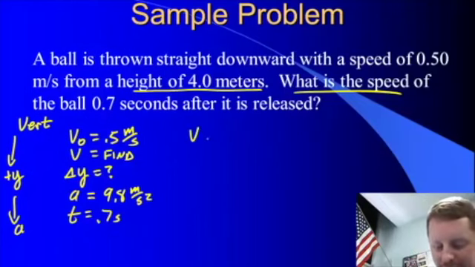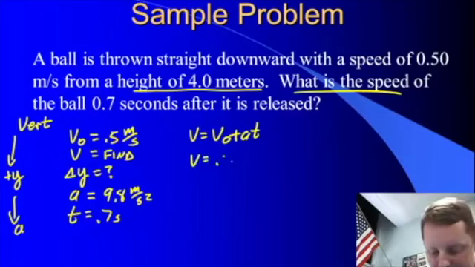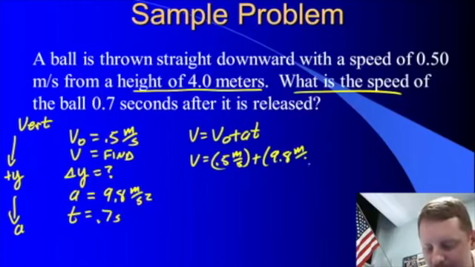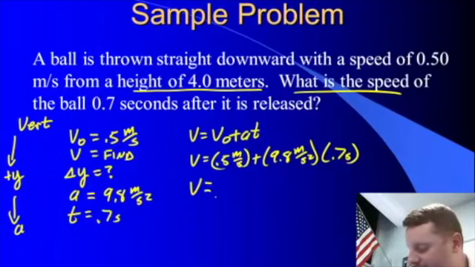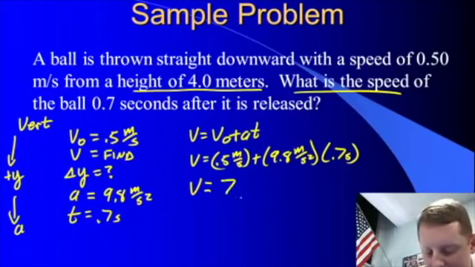So v equals v naught plus at, or v equals 0.5 meters per second plus 9.8 meters per second squared times our time, 0.7 seconds. Handy dandy calculator should tell me this is about 7.4 meters per second.